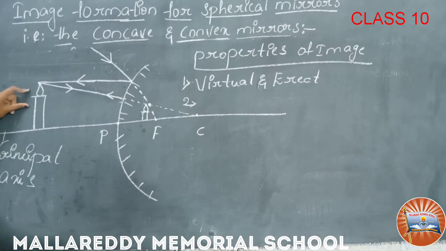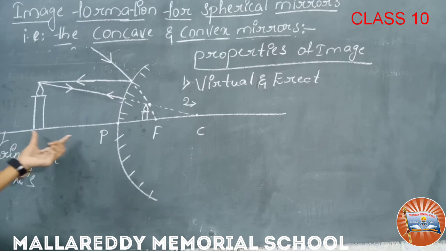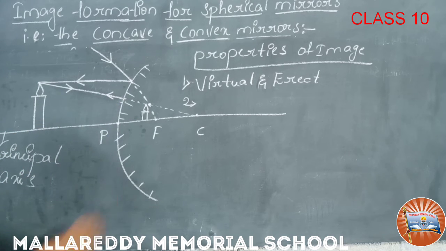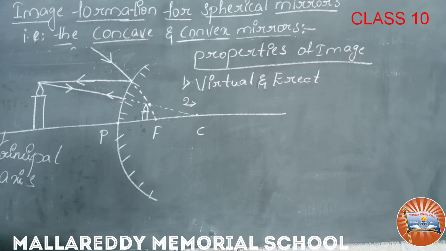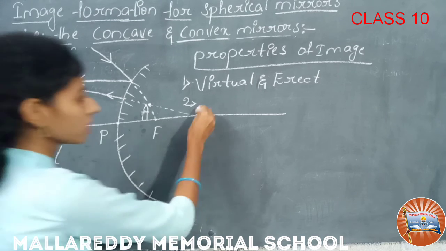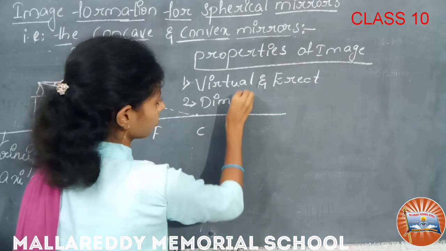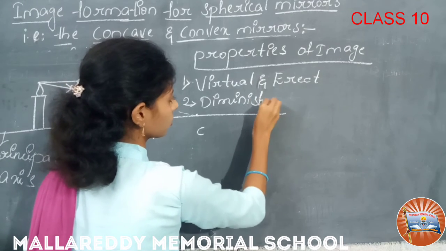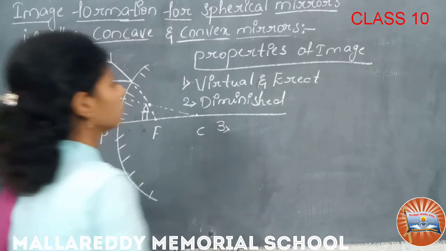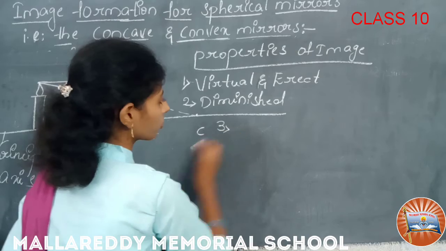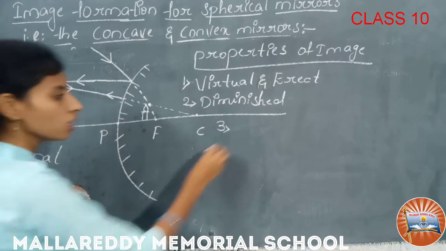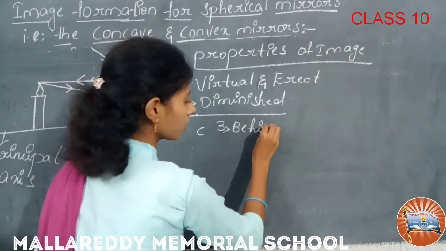Now see the size of the object and image. Is the image enlarged, that means magnified, or diminished, or the same size as the object? Yes, it is diminished. Now what is the position of the image? It is behind the mirror.